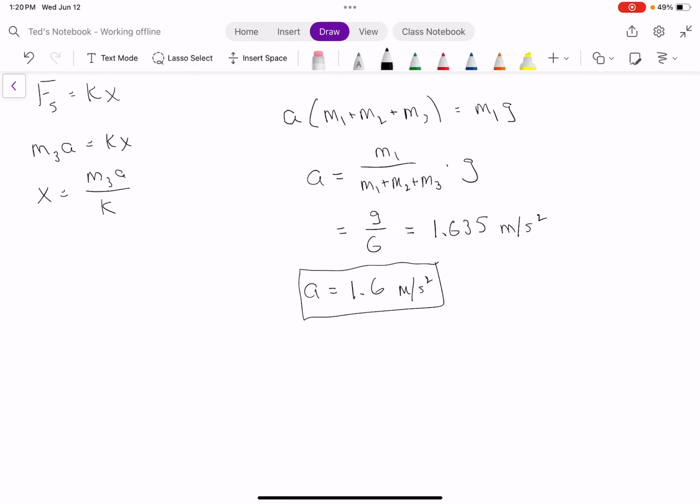So 3 kilograms times the acceleration. And for the acceleration, I'm going to plug in the full value, 1.635. I'm not plugging in 1.6 because I never plug in rounded off numbers in my calculator.